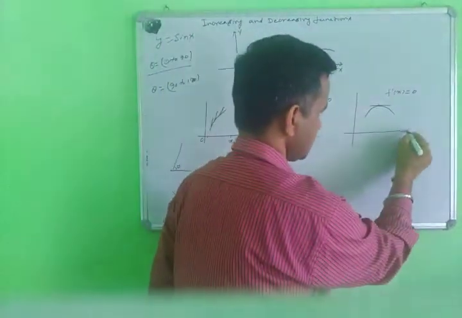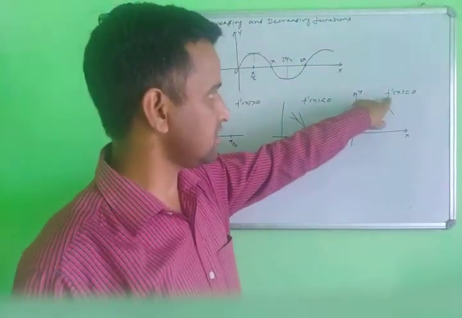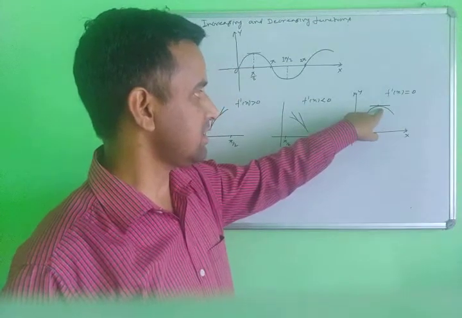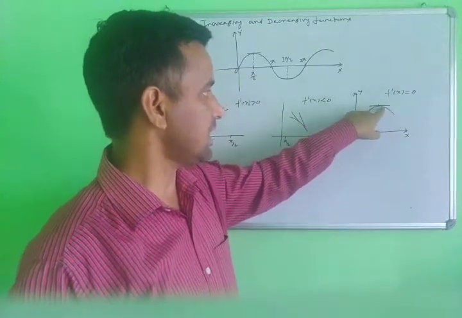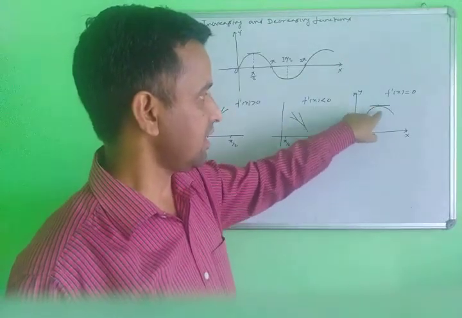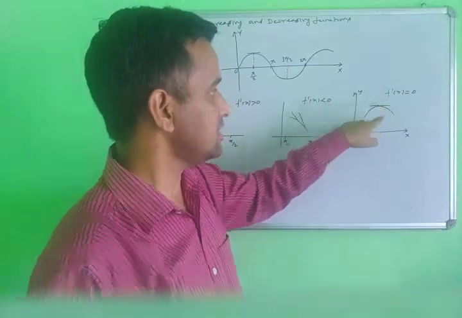This is the x-axis, this is the y-axis. So the tangent and the x-axis are parallel, and f dash is equal to 0 at the peak point.